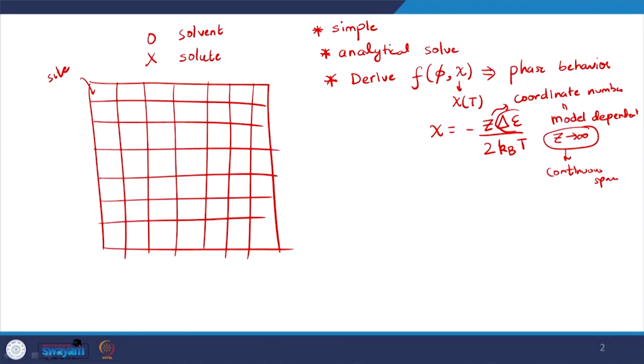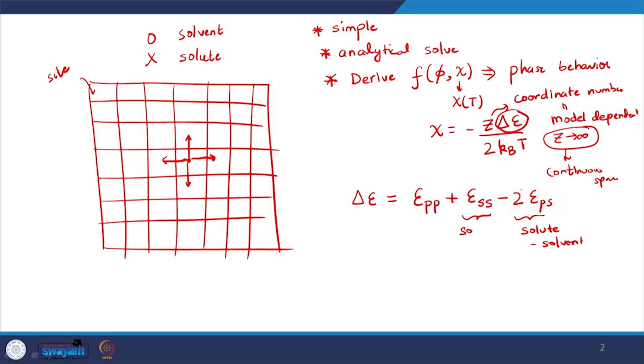Delta epsilon in some sense is still model dependent, because we have assumed that at any particular site you have interactions only between the nearest neighbors, but nonetheless delta epsilon included the solute-solvent and solvent-solvent interactions: epsilon ps minus 2 epsilon ps is solute-solvent, epsilon ss is solvent, and epsilon pp is solute.